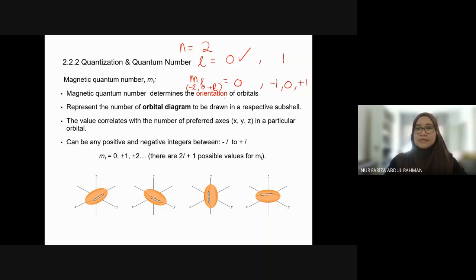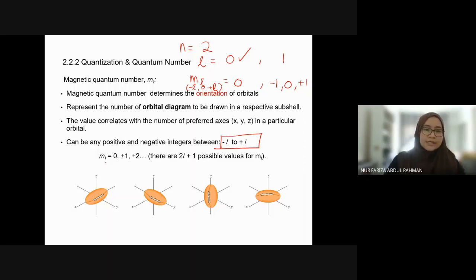So negative 1, 0, positive 1. This represents the orientation. That is n is equal to 2. Kejap lagi kita akan go detail on how the orientation of the orbitals looks like. But this is just to test out lah. Faham ke tak faham? Based on the syarat that we have here.